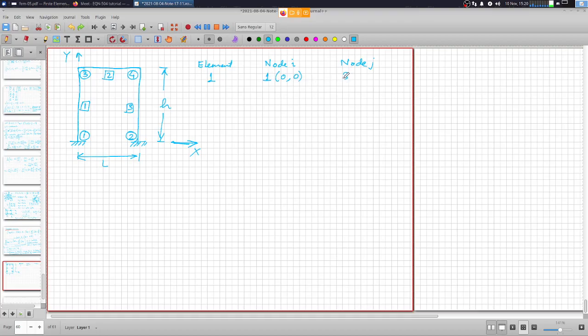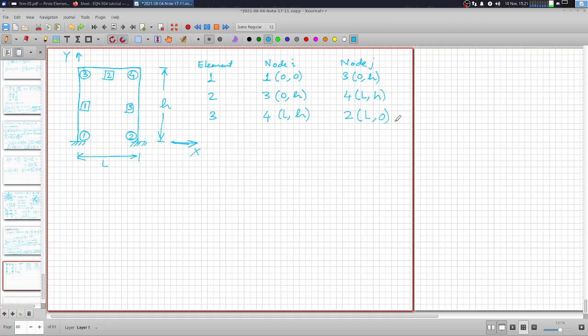Node J is 3, coordinates are 0, H. Element number 2, node I is node 3, coordinates are 0, H. Node J is 4, coordinates are L, H. Element number 3, I can say ith node is node 4, coordinates are L, H, and jth node is node 2, coordinates are L, 0.